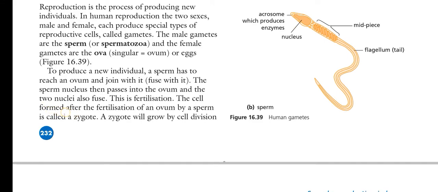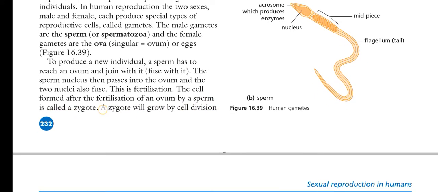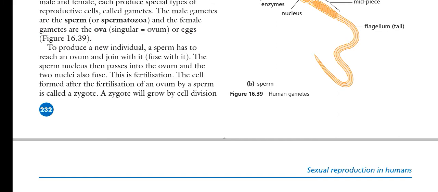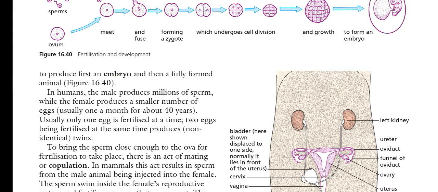The cell formed after fertilization of an ovum by a sperm is called the zygote. The zygote is one cell containing double the amount of chromosomes compared to sperm cells, or the same chromosome number as a somatic cell. The zygote will grow by cell division to produce the first embryo.